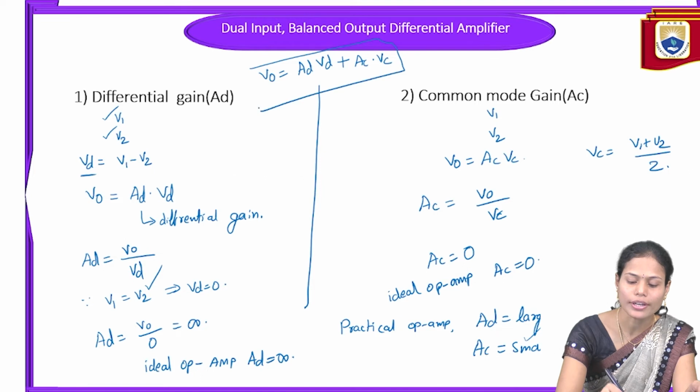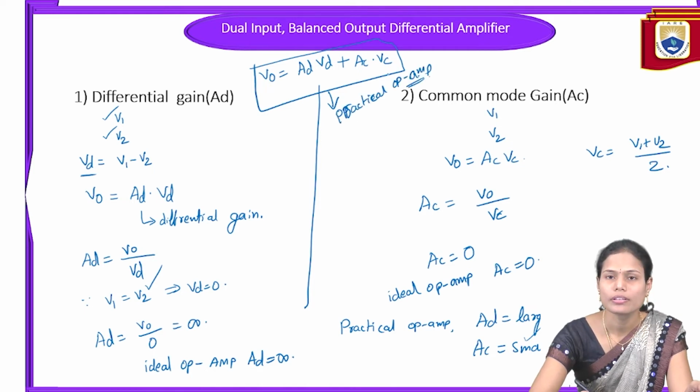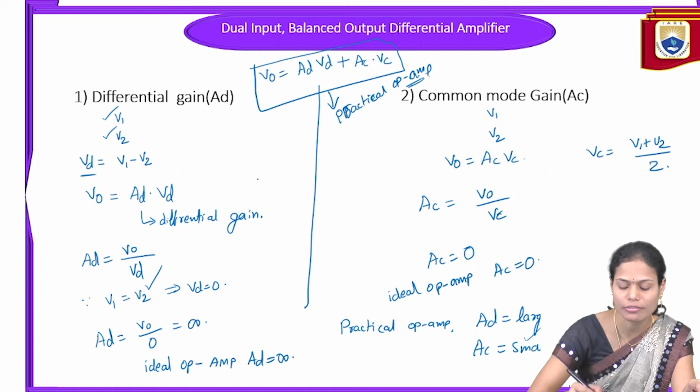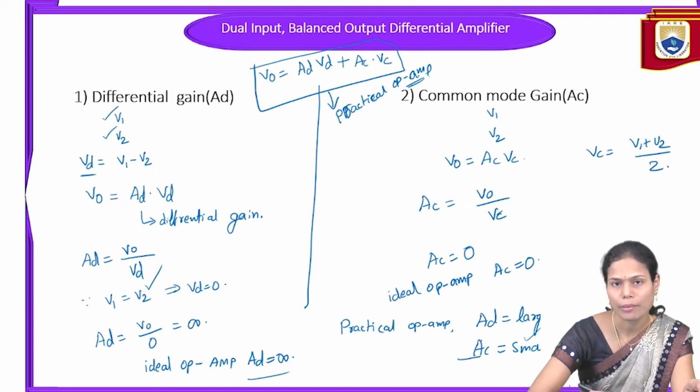So if we take any practical operational amplifier, the output voltage is the sum of these two voltages. Why are we getting it this way in the operational amplifier? In the case of a differential amplifier, we are getting it this way. This differential amplifier only we are going to utilize in the input stage of the operational amplifier. So that's why in the operational amplifier also we may get this amount of output voltage.